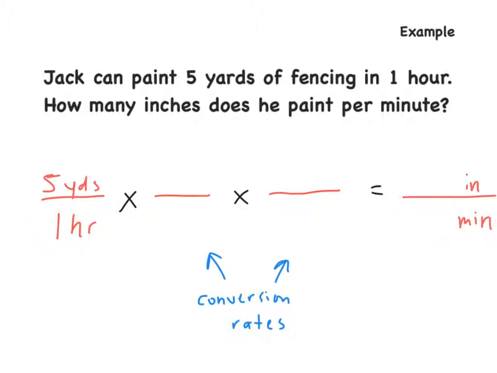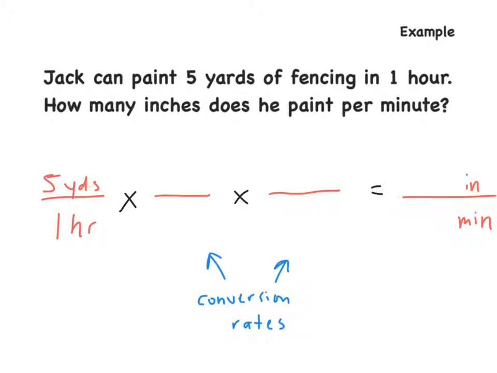What do we need to find? We need to find inches per minute. So, we need to change yards to inches, and we need to change hours to minutes. Since we're doing that, we need two different conversion rates. So, let's start with this first conversion rate.